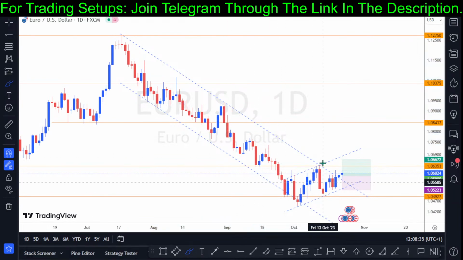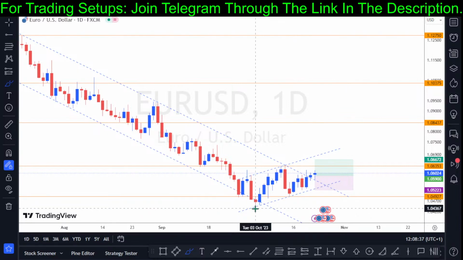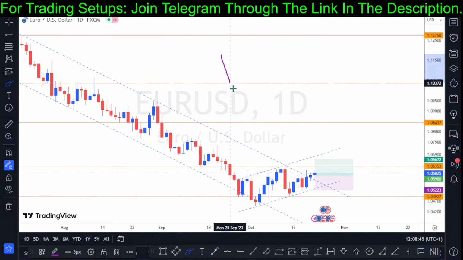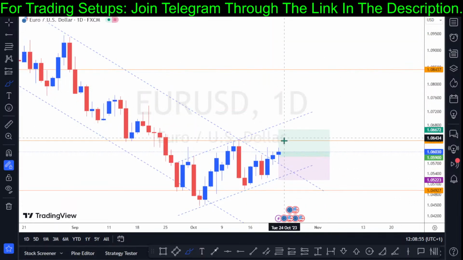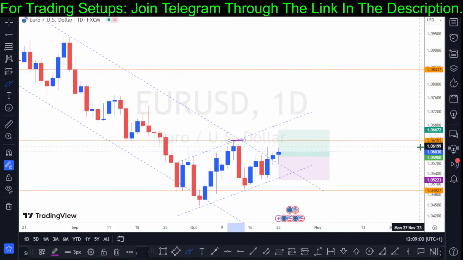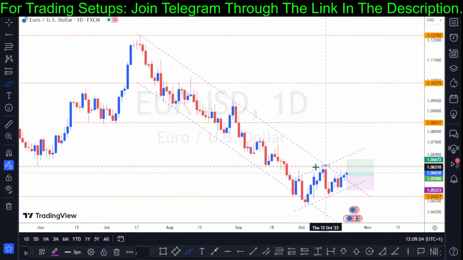So I'm trying to take the early entry based on the channel pattern we got right here, and I can figure out a potential rising double bottom. This is a rising double bottom right here. So I'm trying to take the second low of this rising bottom up. As I stated, guys, I will be looking to add more to my position once price can break the resistance structure, which acts at the price of 1.06353. You can see this is a resistance structure right there.